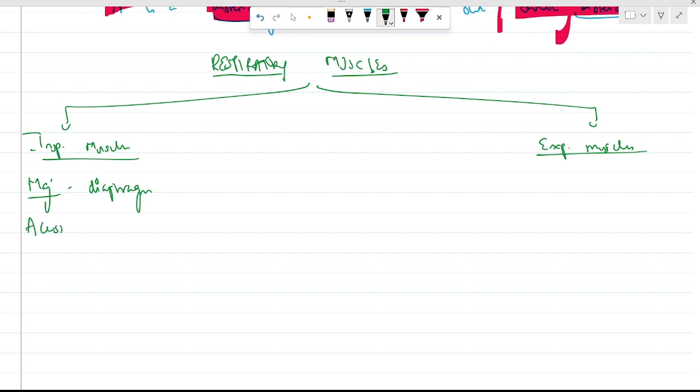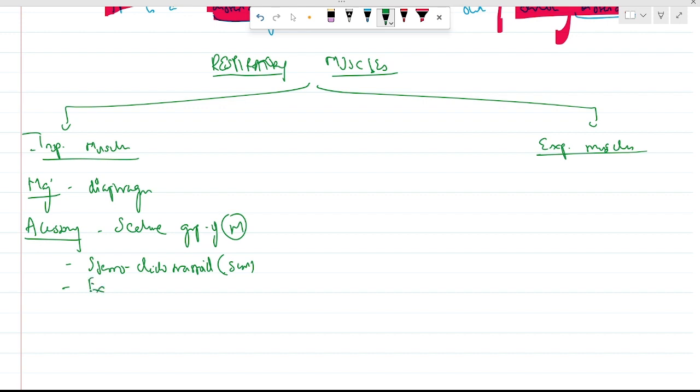And then there are accessory muscles. The accessory muscles are the scalene group of muscles: scalenus anterior, posterior, this group of muscles. Then our sternocleidomastoid, an important inspiratory muscle, SCM, and our external intercostals.